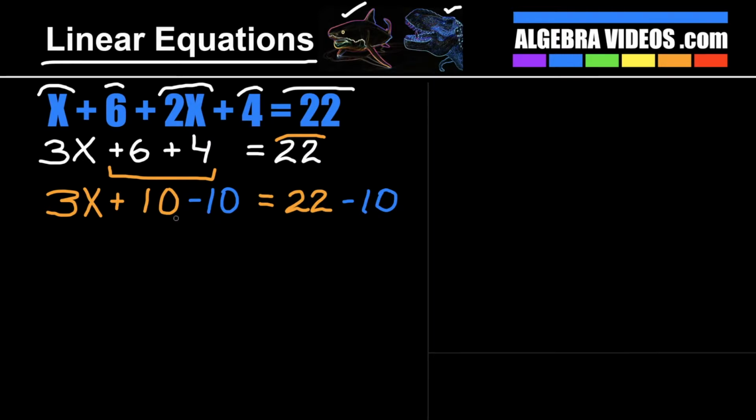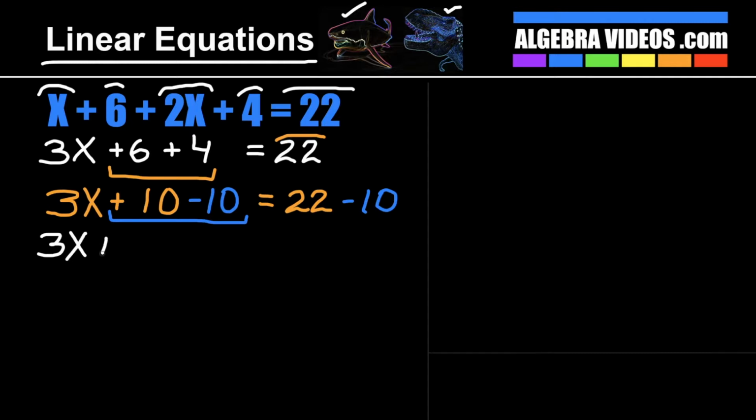So here I decided to subtract 10 from both sides so I can get rid of this 10. But when I do it to the left side, I have to do it to the right side. So now this plus 10 and minus 10 is going to simplify to 0. So I'm just going to rewrite this now. 3x, nothing changed there. That's just the first term.